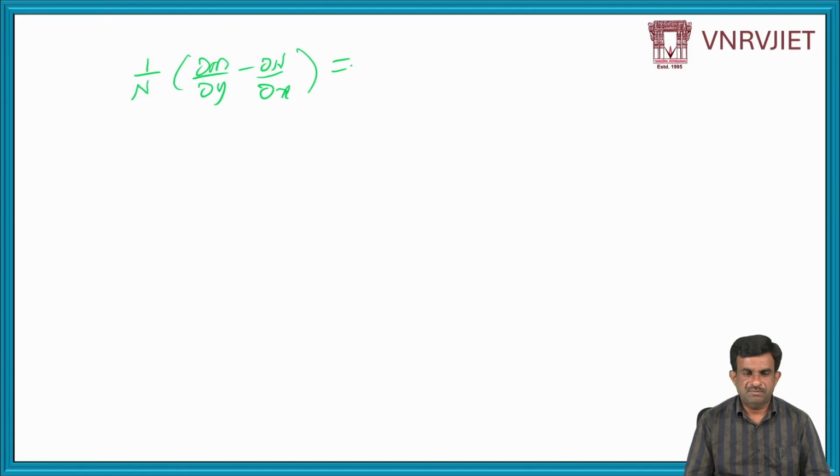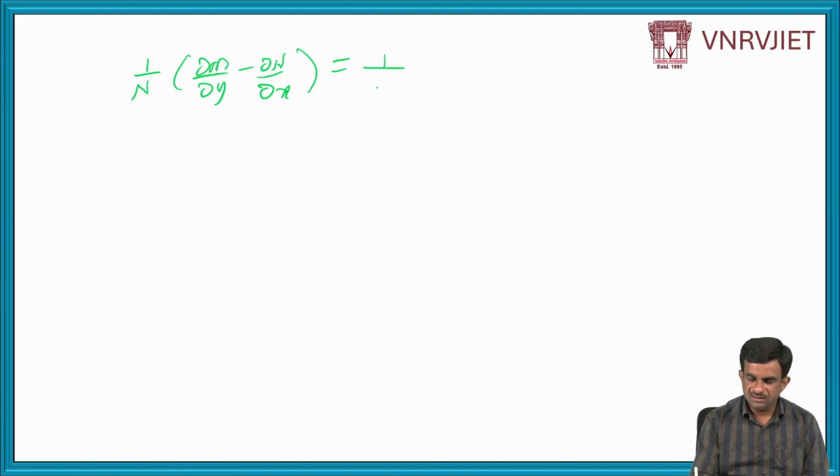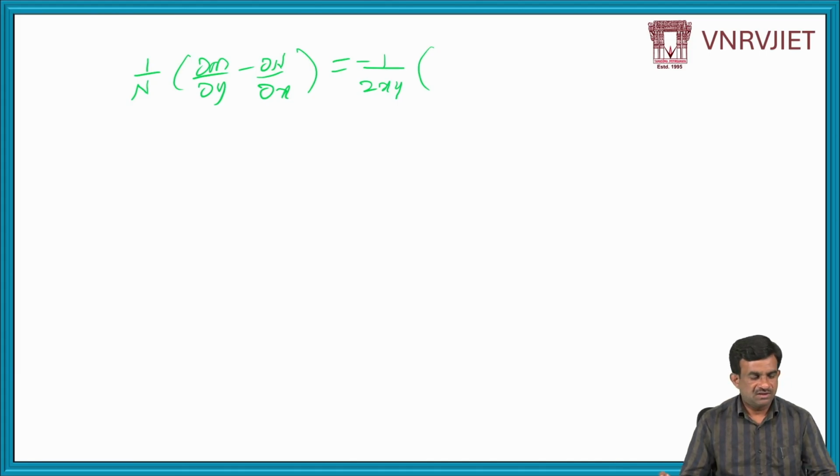whether this, by method 3, what we are doing, 1 by N, the difference ∂M/∂y minus ∂N/∂x. Whether this difference is a function of x, then we can apply method 3 here. So 1 by N here is 1 by minus 2xy, and ∂M/∂y minus ∂N/∂x.